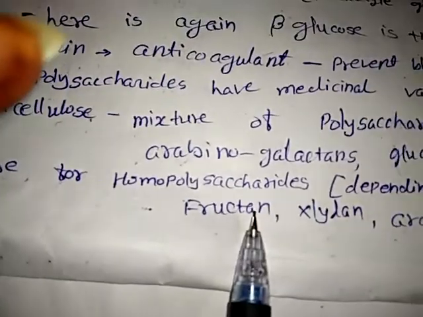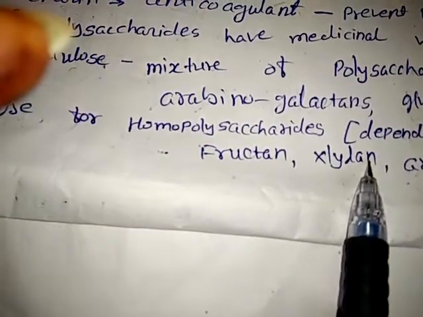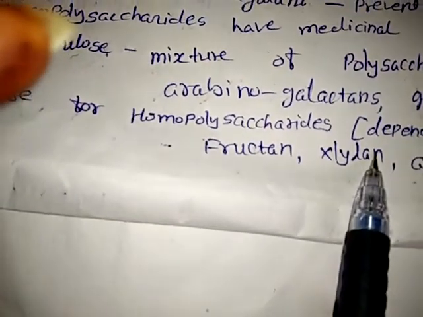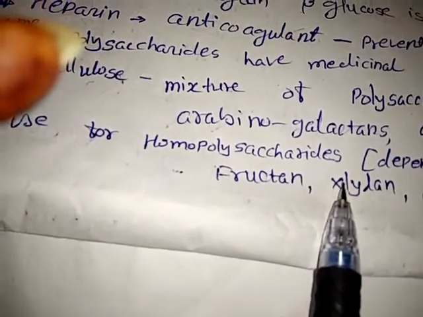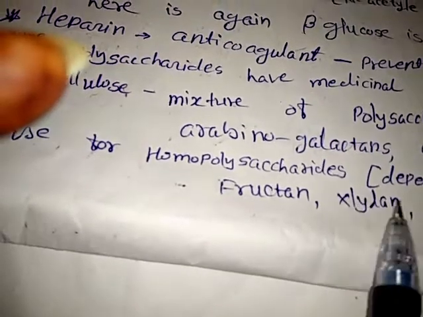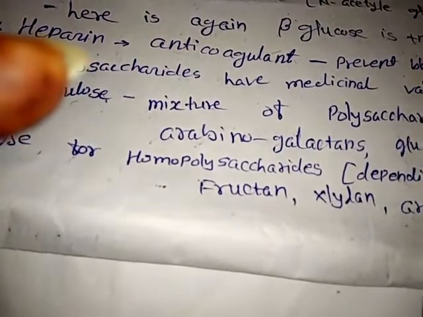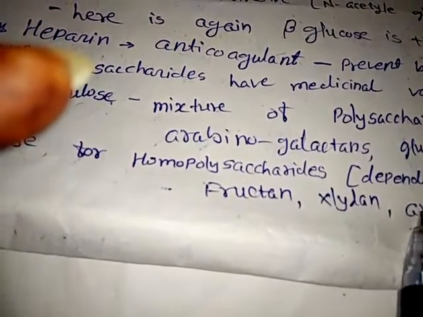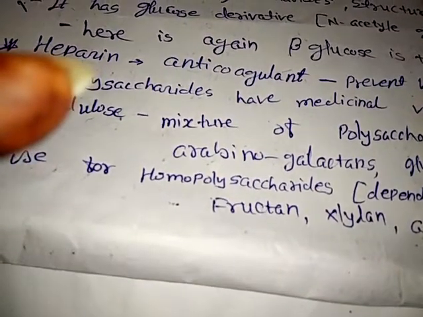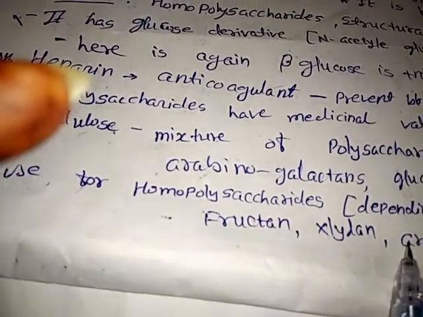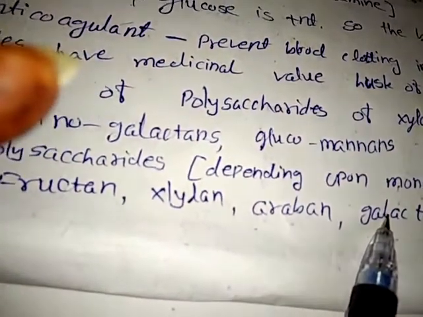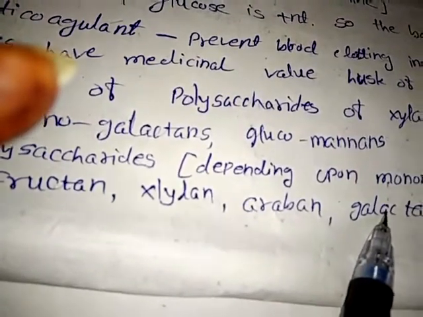A long chain of fructose is called fructan, whereas a polysaccharide of xylose is called xylan, whereas if arabinose is present in a long chain of polysaccharides, then it's called araban. A galactose-containing polysaccharide is called galactan.